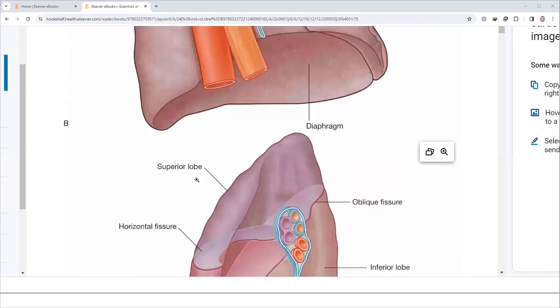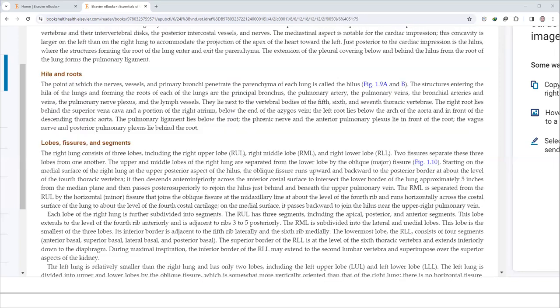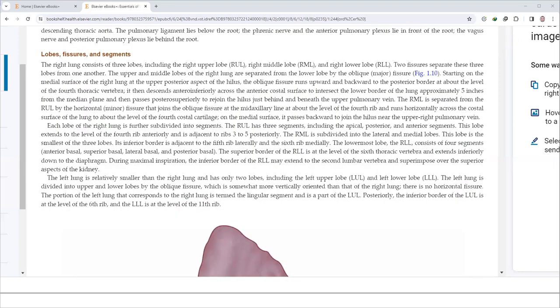This is the upper lobe of the right lung. Okay, let's go back. So where we are here, the right upper lobe has three segments, including apical, posterior, and the anterior segments.